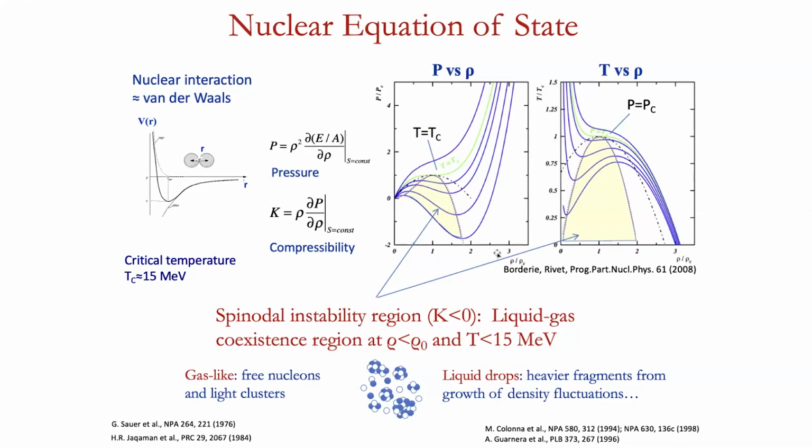When you have complex fragments or residues of fusion or fission, you can say that those are the phenomenology of the liquid phase. And in between, you can have situations where the system breaks up into many fragments of different sizes. And this is considered a phenomenology that can be associated to the coexistence between a liquid and a gas phase. And this is what happens in these instability regions of the equation of state, okay?